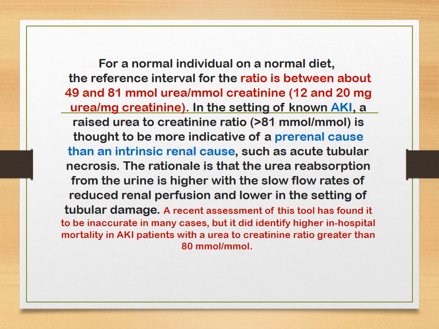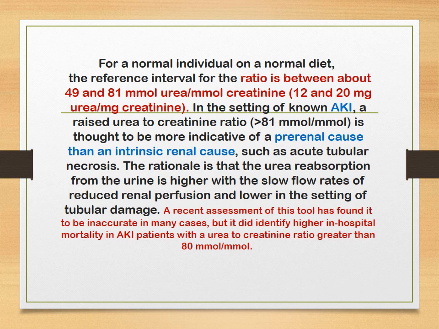Why? Because pre-renal is usually due to what? Due to a decrease in the rate of filtrate flow. And as urea reabsorption is affected by the rate of flow in inverse proportion, so a much greater amount of urea will be reabsorbed. More than 40, maybe 80 to 90 will be reabsorbed, resulting in an increase in the blood level.